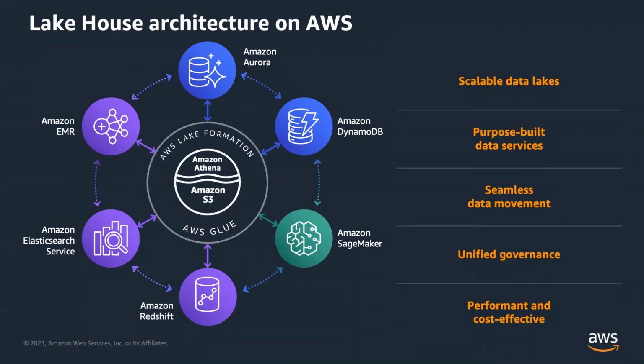And with Athena, you can run an interactive query service to analyze all the data, right? So data that's stored on S3 can be queried using Amazon Athena using normal SQL query language. In addition to the data lake, customers also need purpose-built database and analytic services like EMR, Amazon Elasticsearch Service, and Redshift to ensure that they're using the right tool for the job to get the right performance and scale at the lowest possible cost, right?